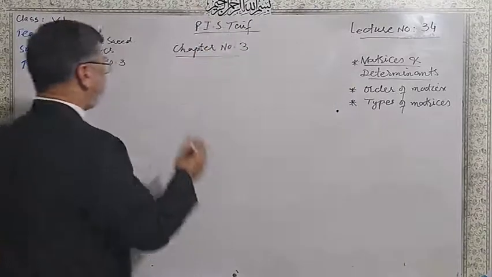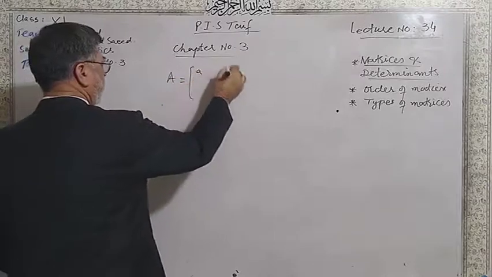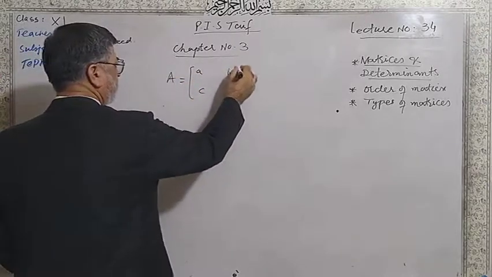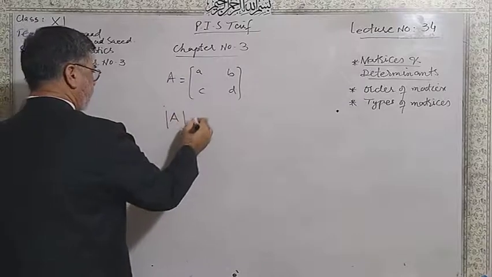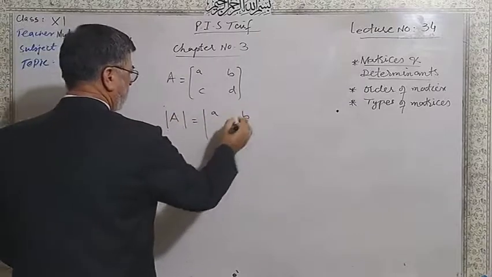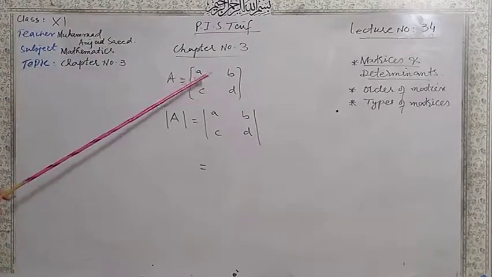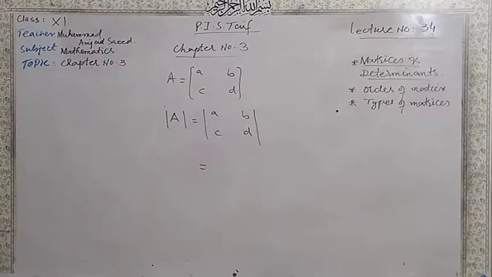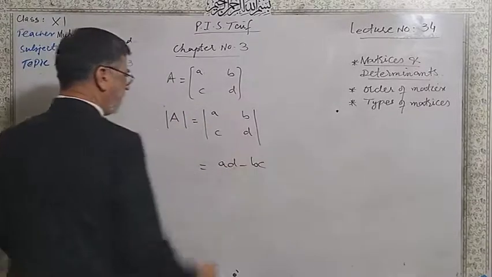In case of determinant, suppose we have a matrix A, B, C, D. Its determinant is written as A with bars. You will write down the matrix between bars, and the formula is AD minus BC.